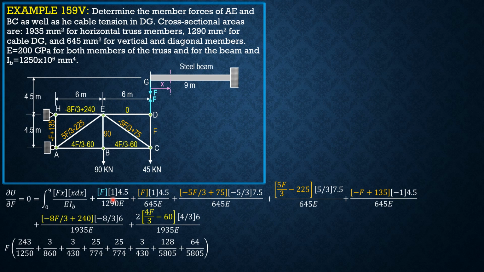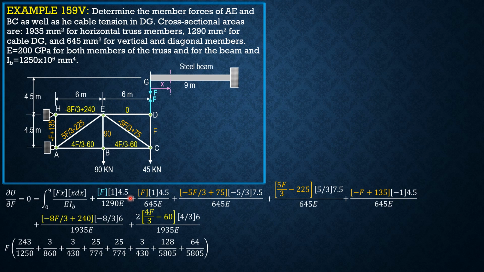For the second, this is already multiplied by 1000 square. So 4.5 times 1000 square over 1290, or 4.5 divided by 1290.